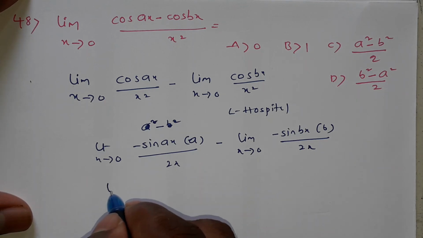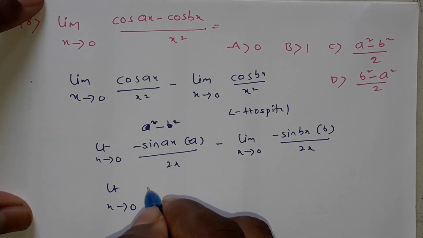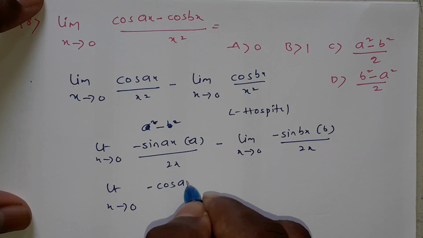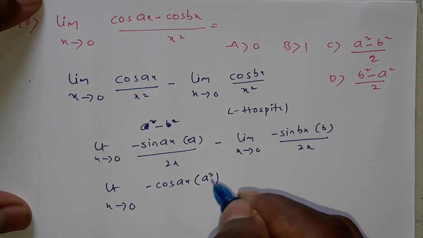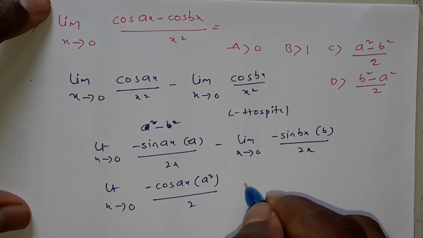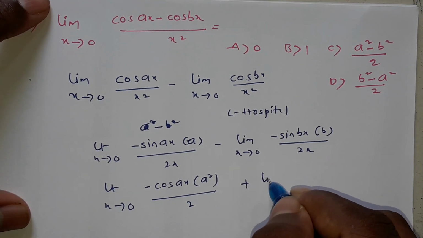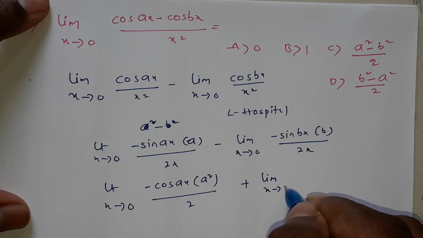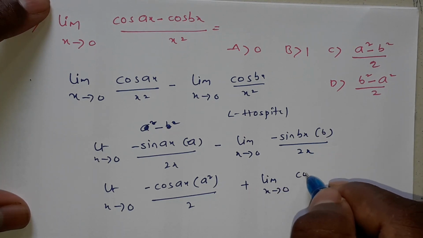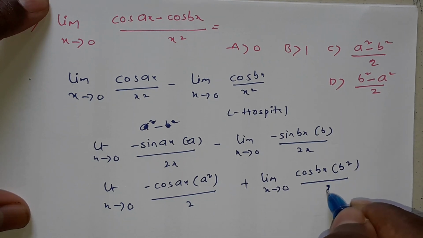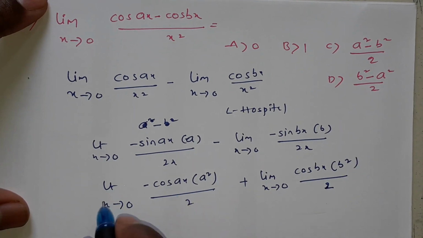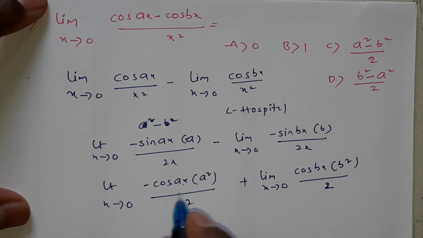Again apply the L'Hospital rule. Limit extends to 0 minus cos ax into a, a square by 2, minus of minus plus limit extends to 0 cos bx into b square by 2. Substituting 0 in place of x, cos 0 value is 1, a square by 2 plus b square by 2.